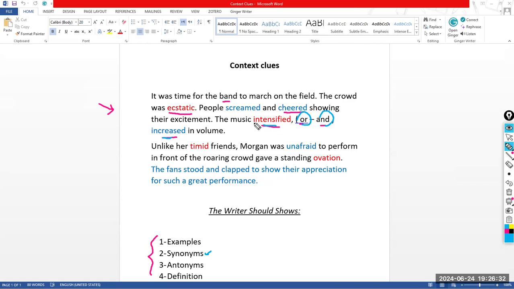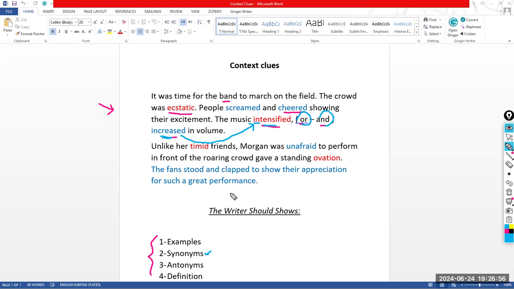In the Complete and Read, you have only the first two letters. Maybe you are confused and don't know that it is intensified, but because you have the synonym, which is increased, you will know that the synonym of increased is intensified.